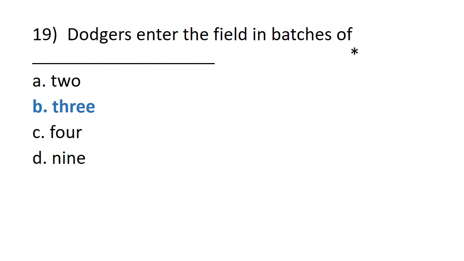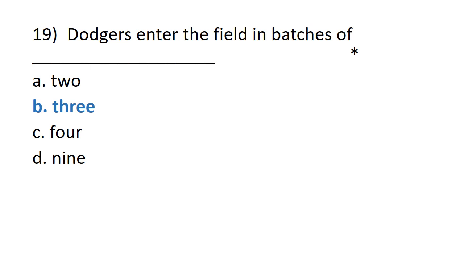Children, the next question we have is: Dodgers enter the field in batches of dash. The options are 2, 3, 4 and 9. Can you identify the game? About which game are we talking here? Dodgers are there in the Kho Kho game, right?